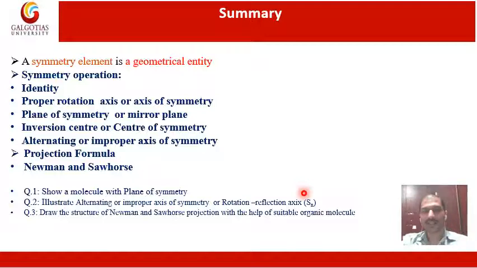Similarly, for the improper axis of symmetry, you can see it by taking the molecule and its mirror image and reflection, and comparing it with the original molecule. If it is the reflection of that, it is called an improper or alternating axis of symmetry.